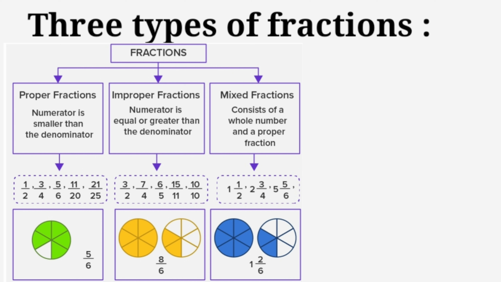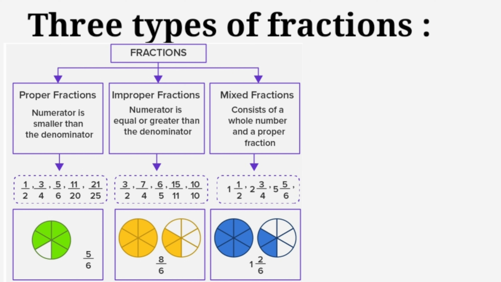But students, I have seen that many of the students till now are not able to tell a quick definition of proper, improper and mixed fraction. See students, whenever you understand something by your heart or with proper understanding, definitely you will not forget that thing. So all these three types I'm explaining to you with the help of one simple example.